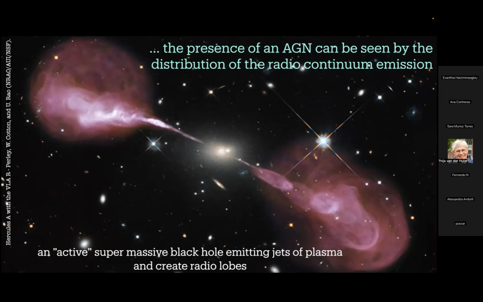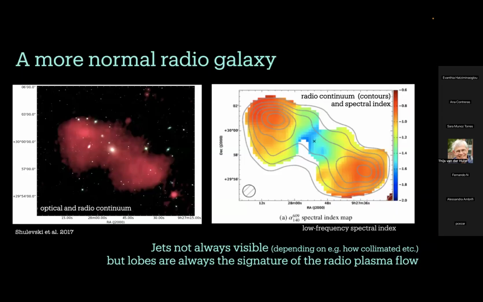Of course, this is an extreme example. There are more normal cases like this one, but still, this is again the optical part, and the red is the radio part. Again, much larger, even if you don't see the jet, because maybe they are not so collimated, but much larger than the optical, so there is no discussion.